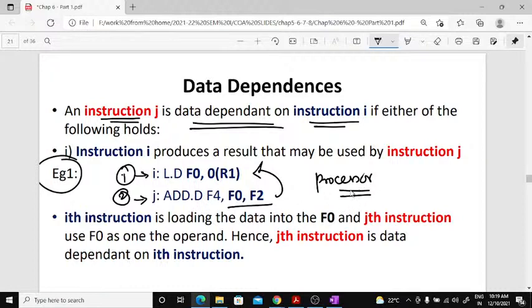So instruction I produces a result that may be used by the instruction J. The Ith instruction is loading the data into F0. The Jth instruction uses F0 as one of the operands. Hence J instruction is data dependent on the Ith instruction.